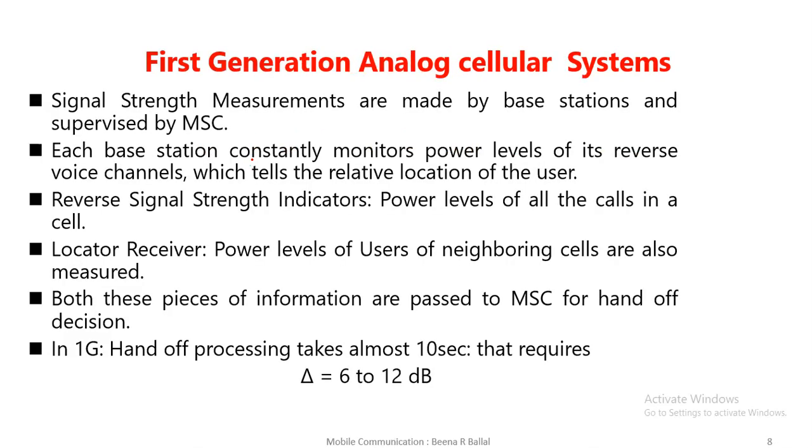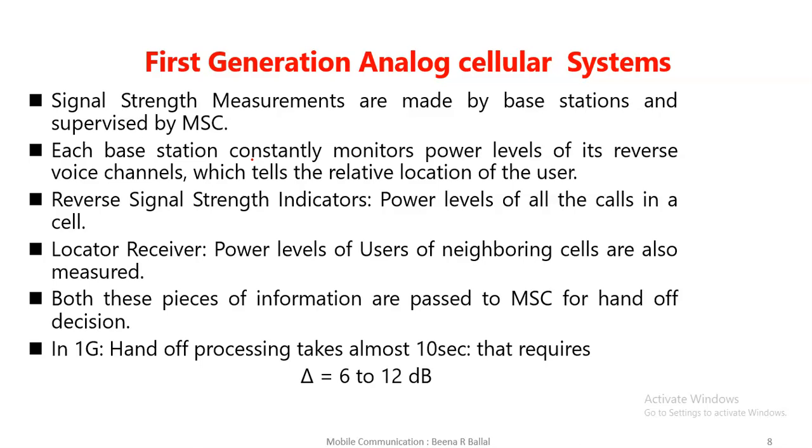Now, the first generation systems, our 1G systems, were entirely analog systems, as you already know. Generally, signal strength measurements are done by the base stations, which are ultimately supervised by the mobile switching center.